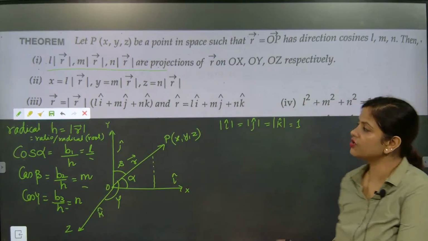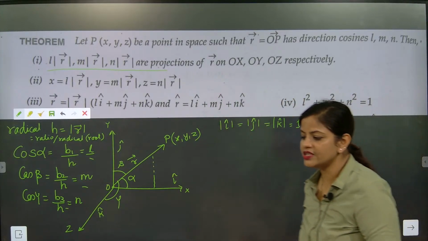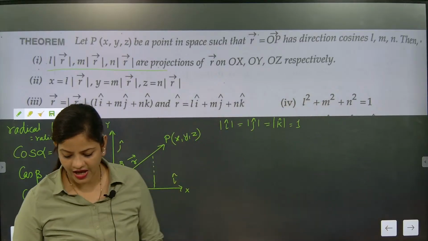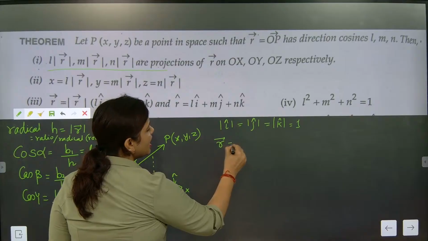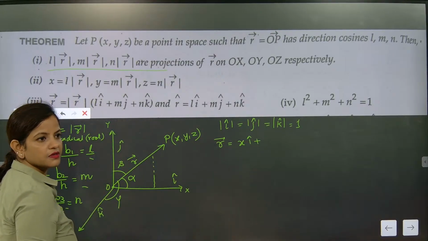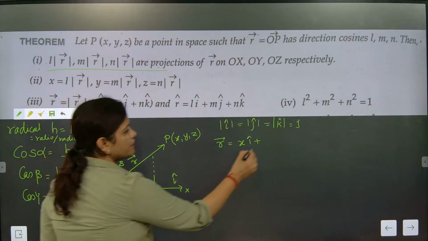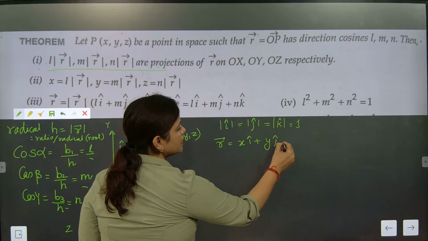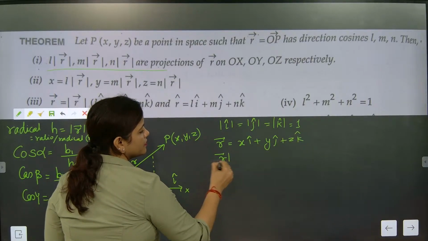Now we will go for the next part. We have to prove this one. For proving this, what vector have we taken? The vector we have taken is the R vector. Beta, R vector means x I cap, along which axis? X axis. What is the magnitude of this one?